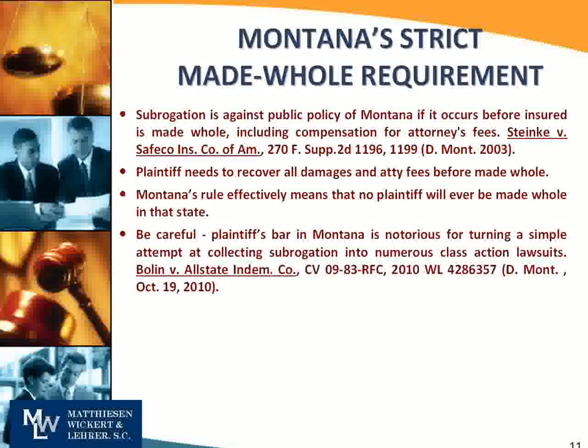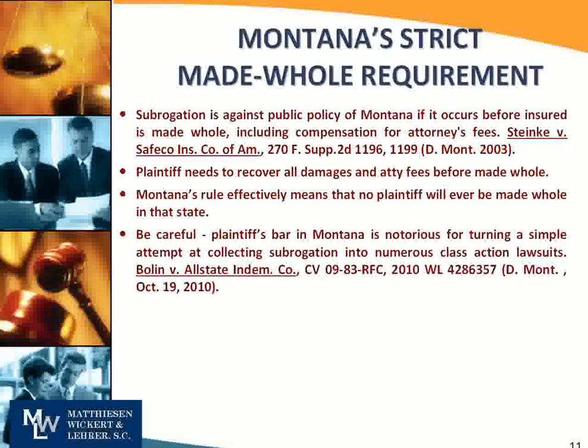They will not only consider filing a bad faith or a breach of contract action against you for sending out a subrogation demand, or demanding subrogation out of a settlement, they will turn it into a class action lawsuit. All of a sudden, it goes from a very minor subrogation claim in someone's office in Kansas City, Missouri, to the head of the company because you've been sued in a class action lawsuit.